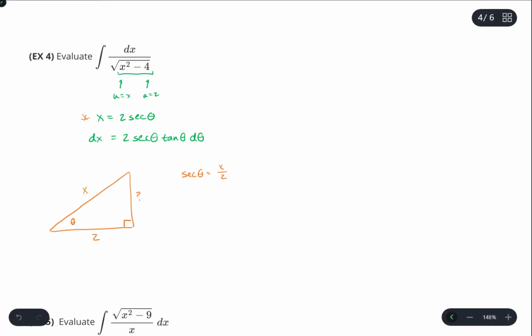So when we solve for this remaining side, we would have that side squared plus the other shorter side squared is equal to the hypotenuse squared. So the missing side is the square root of x squared minus 4. And if we take the square root, we get exactly what we're looking for.